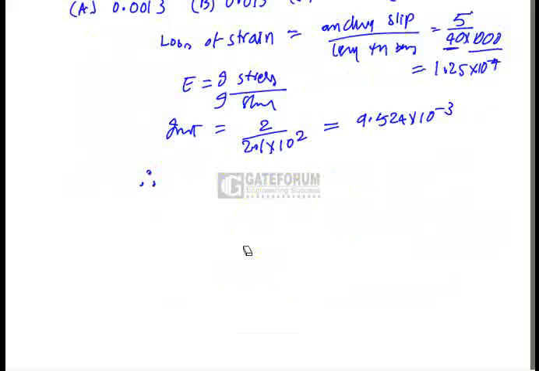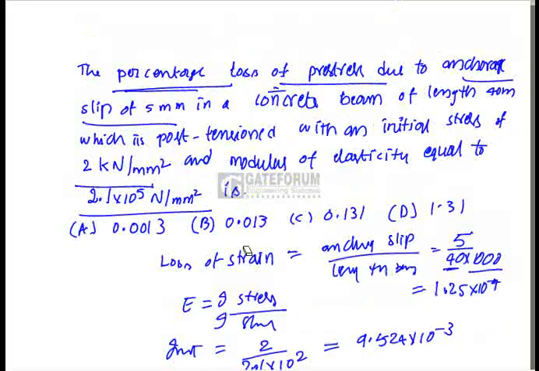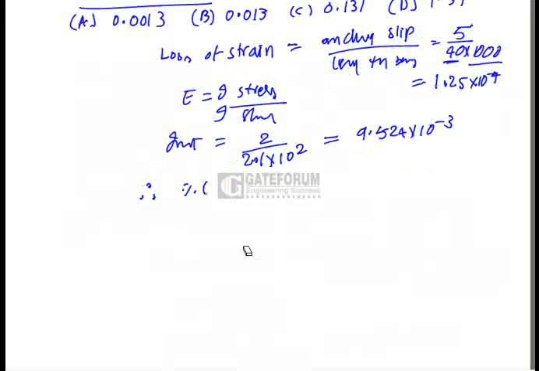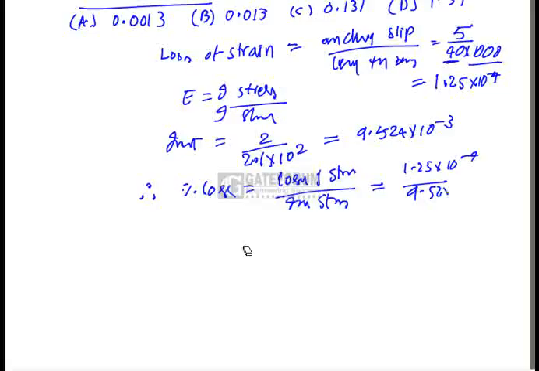Therefore, percentage loss of pre-stress is equal to loss of strain by initial strain, that is equal to 1.25 into 10 to the power of minus 4 by 9.52 into 10 to the power of minus 3, 1.31 percentage. So option D is correct.